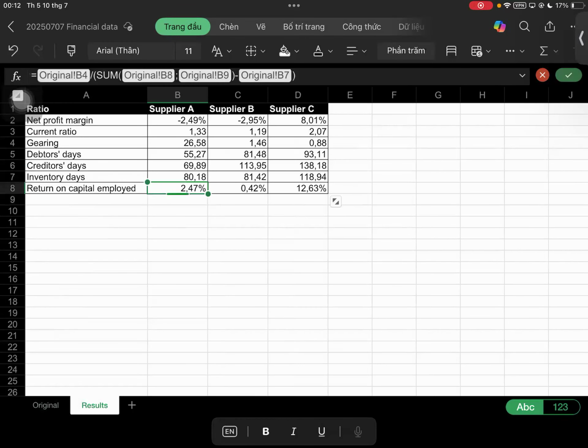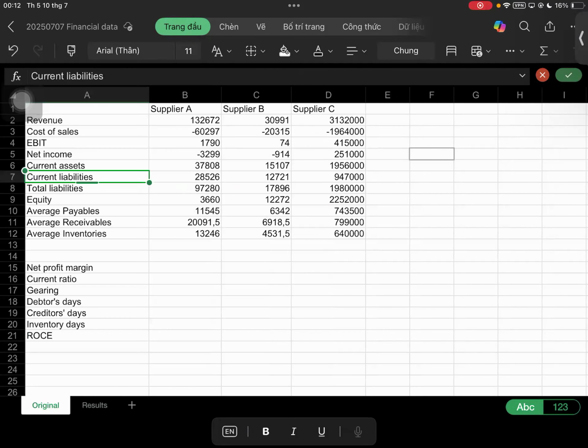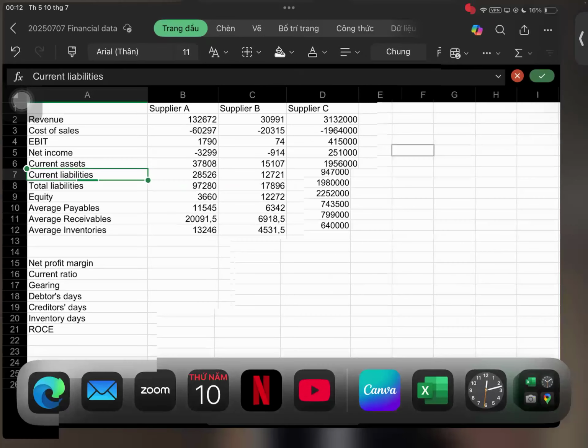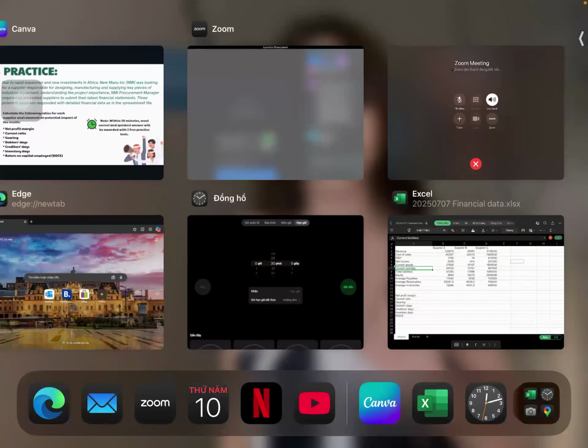So ROCE has a more complex formula here, right? I think you forgot to remove the current liabilities from the number.